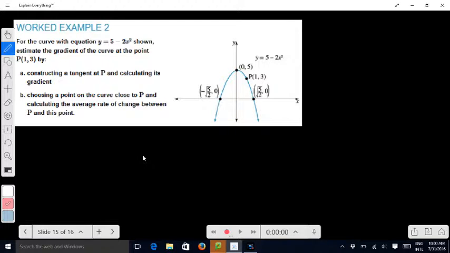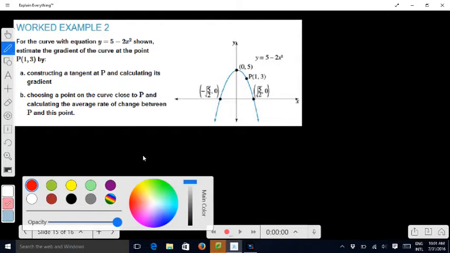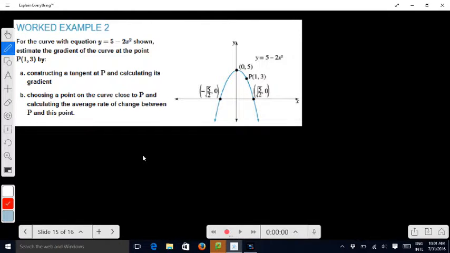Just elaborating on those two methods, we have a look at worked example 2. For the curve y equals 5 take 2x squared, we want to estimate the gradient of the curve at the point 1, 3. Construct a tangent at P and calculate its gradient.